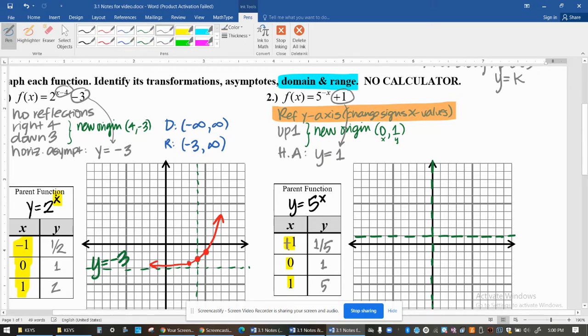So I'm going to go ahead and change the signs. Let me do that in orange. Don't change the signs for your x's or your y values until you're done filling in your table for the parent function, okay?